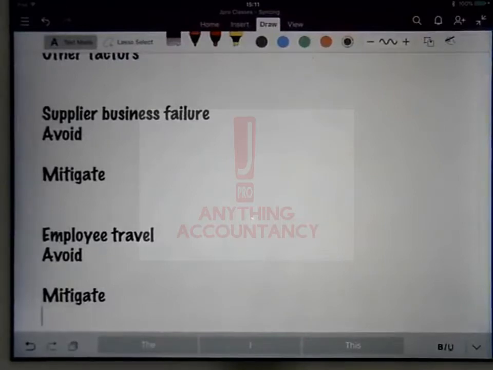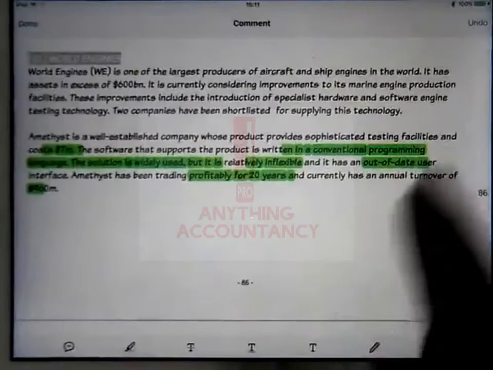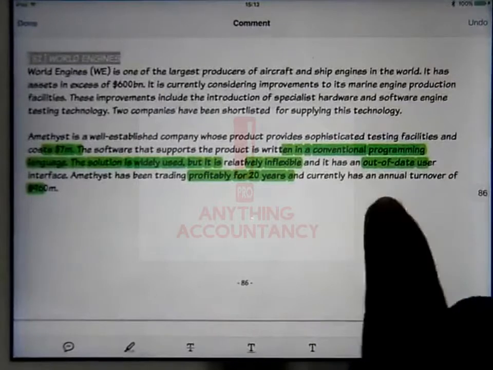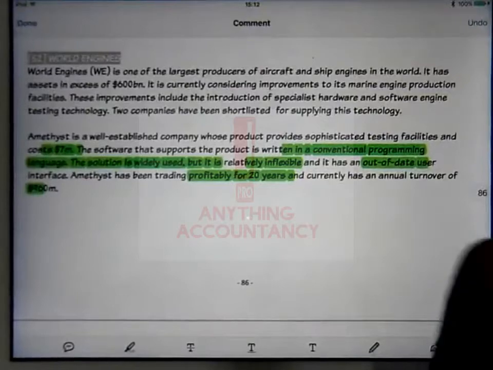Your page is all set up and ready, right? You now know how to approach a question, right? Open straight away, don't think so much. Start. Next thing, what do you do? Let's go through. I got a few words here: programming language, usage, flexibility, user interface.